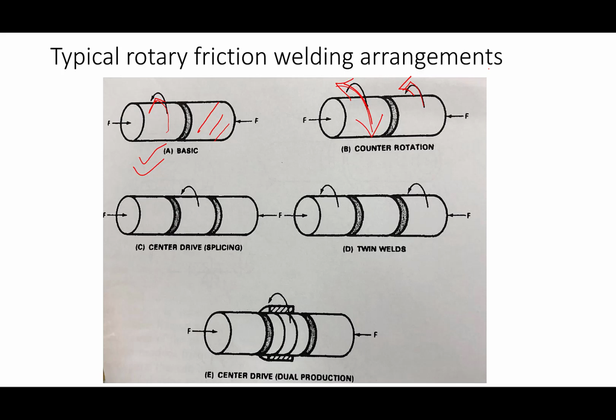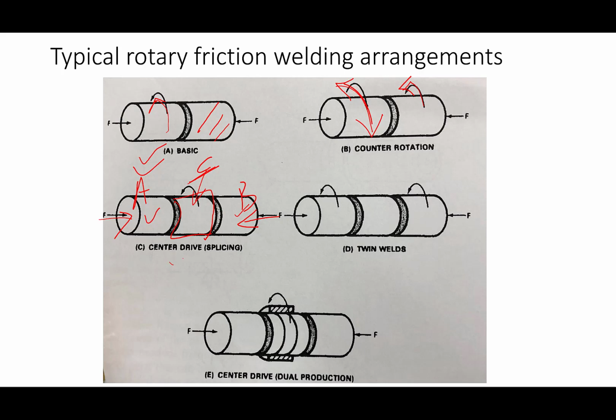To bring the third metal into the picture, a transition metal or third metals, let's say this is A, this is B, and you want to bring in C, then one piece of C will be brought in, and the outer two will be kept in fixed position, and then the axial force will be applied and the middle one will be rotated.